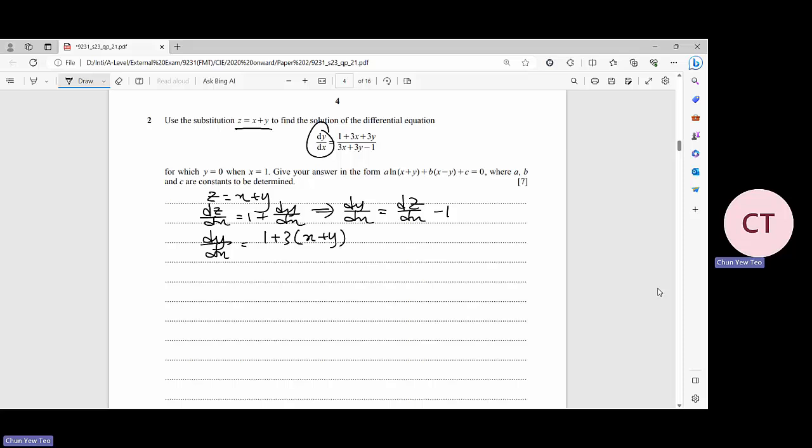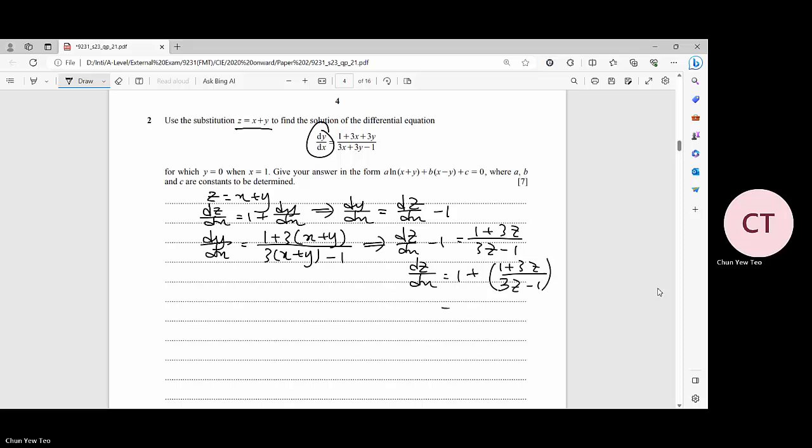I factorize the 3 out. Then this one becomes dz/dx minus 1, and this one becomes 1 plus 3z over 3z minus 1. If you join together 1 plus this, then you get 6z over 3z minus 1.